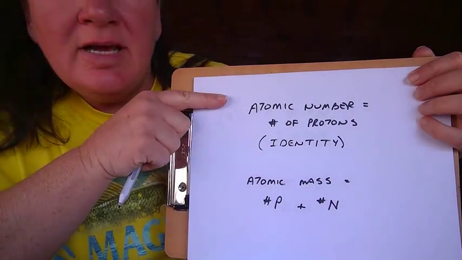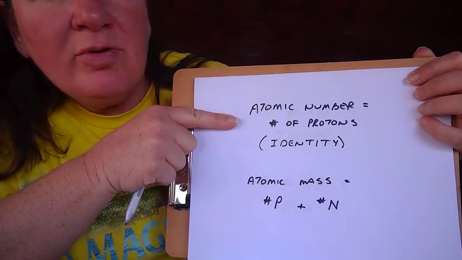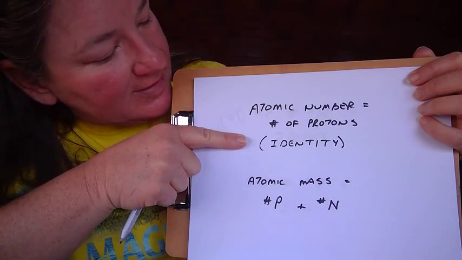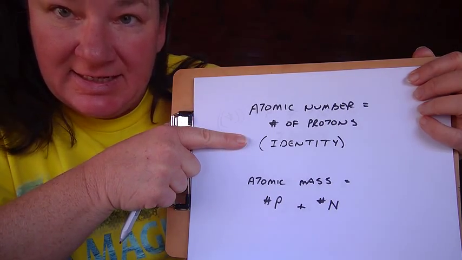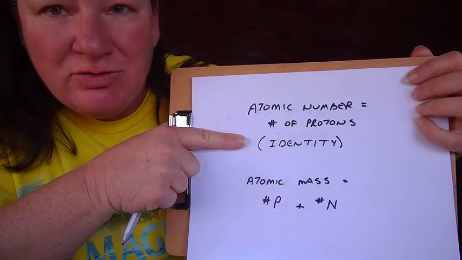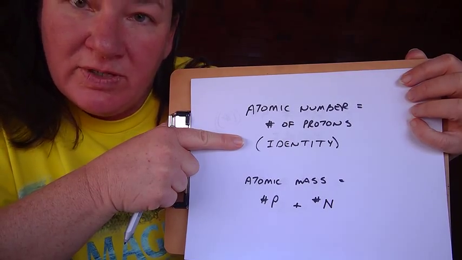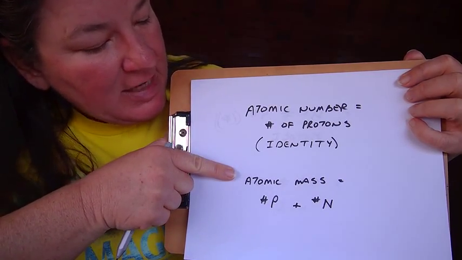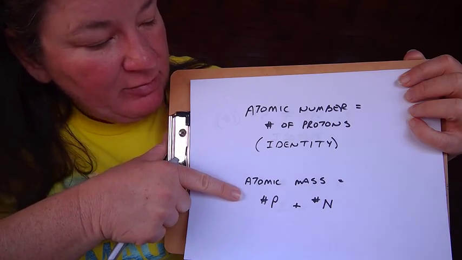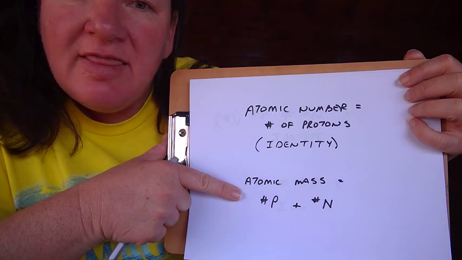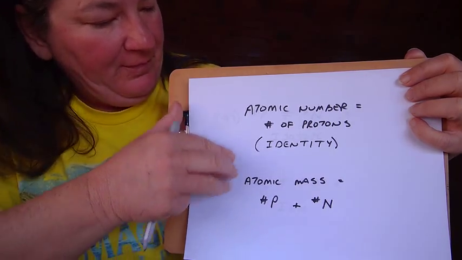Now your atomic number is the number of protons. This gives the atom its identity. For example, a hydrogen atom has one proton. The atomic mass is the number of protons plus the number of neutrons.